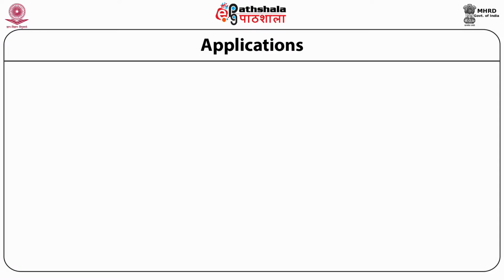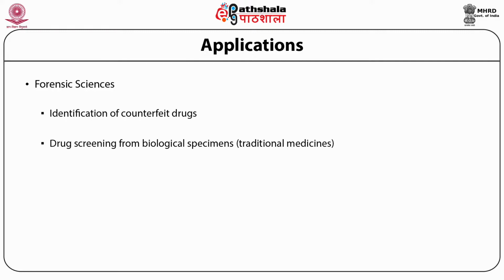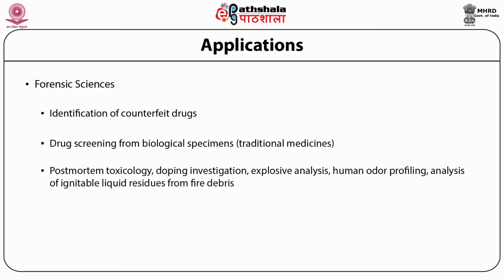Due to its highly selective nature, gas chromatography is used in forensic science, and forensic science is highly dependent on this technique. Gas chromatography has been used in analysis of seized illicit drugs, counterfeit drugs, drug screening from biological specimens, post-mortem toxicology, doping investigation, investigations of man-made environmental pollution, explosive analysis, human odor profiling, analysis of ignitable liquid residues from fire debris, and so on.